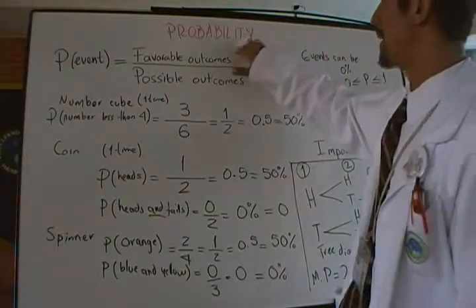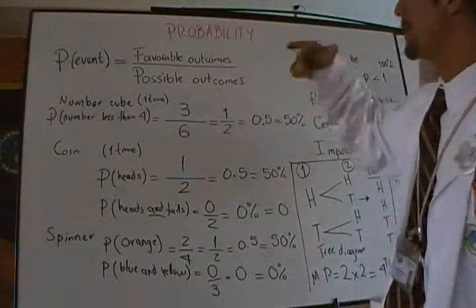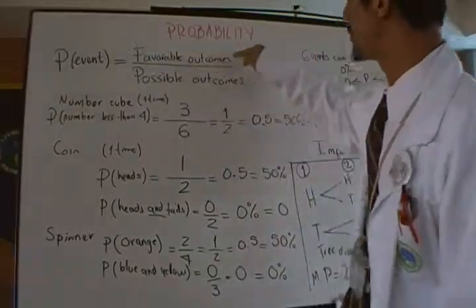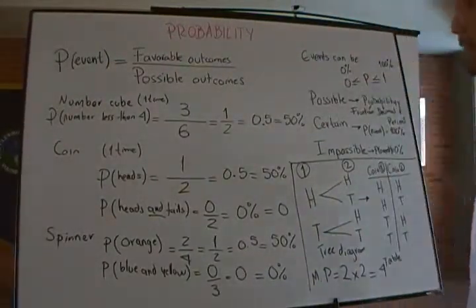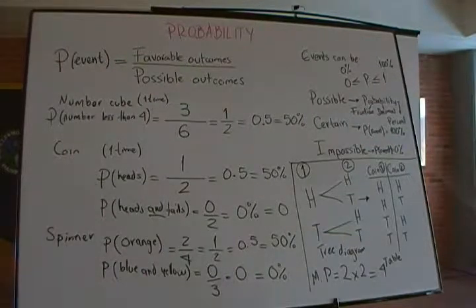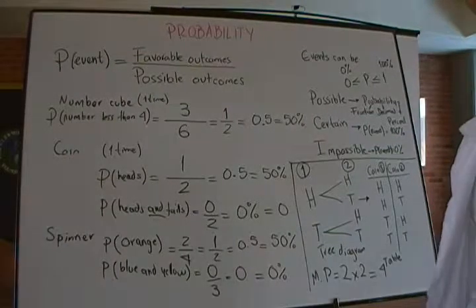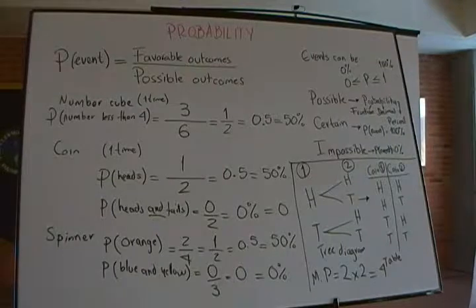And of course, then I can calculate the probability of an event depending on the favorable outcomes compared to the possible outcomes. So don't forget to pay attention in class, do homework, and check the blog.